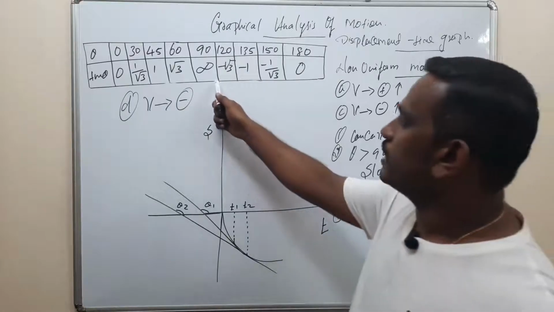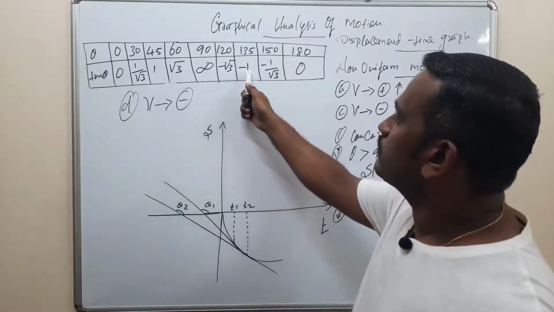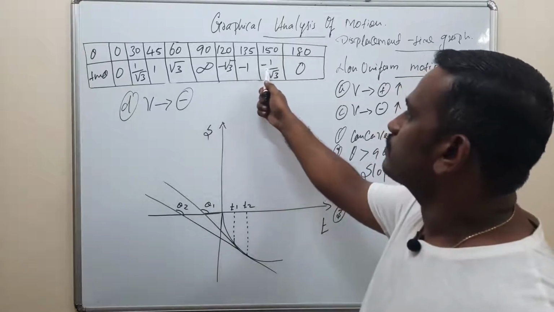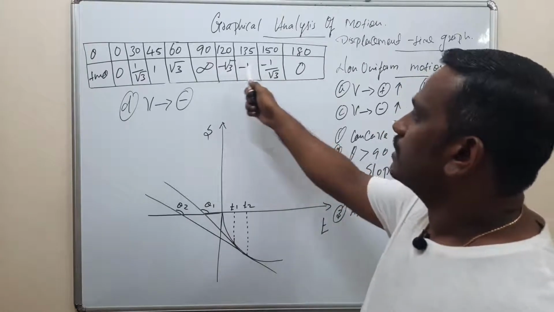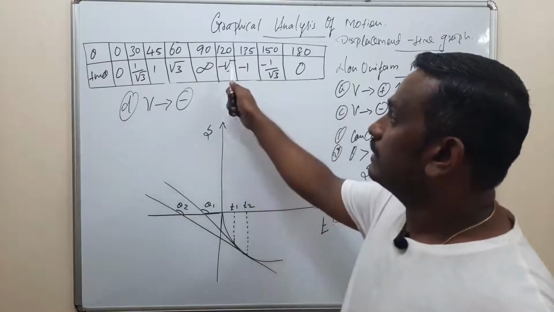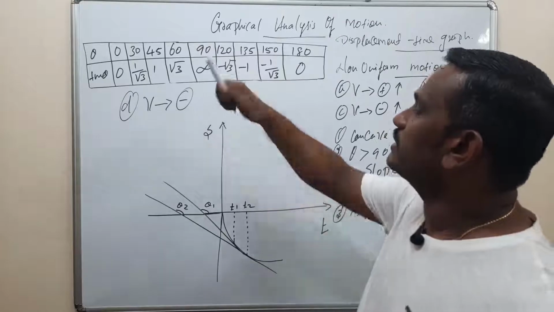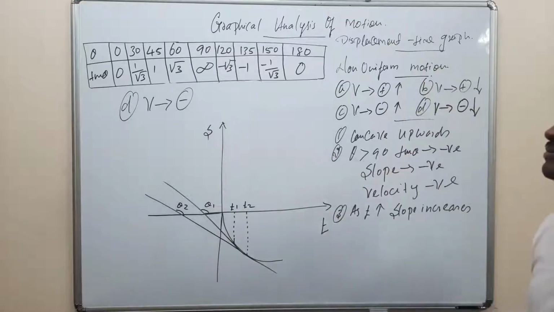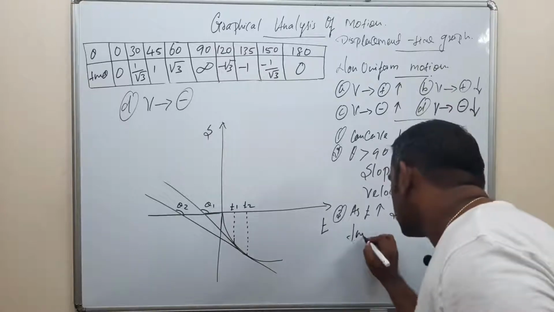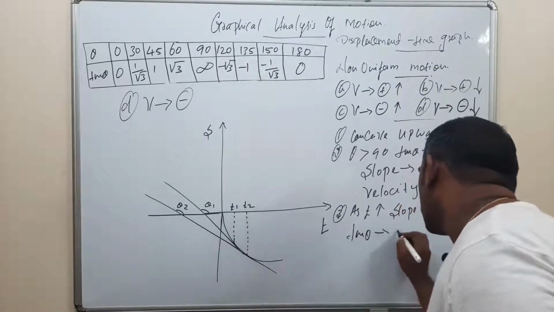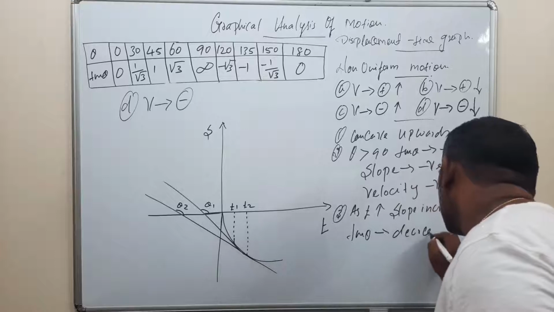So on the negative side, if the slope increases, that is, greater than 90 degrees, tan theta value decreases. Slope increases, tan theta decreases.